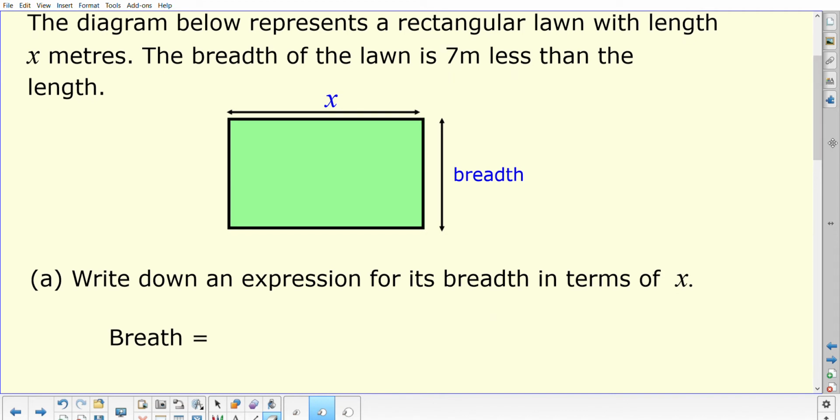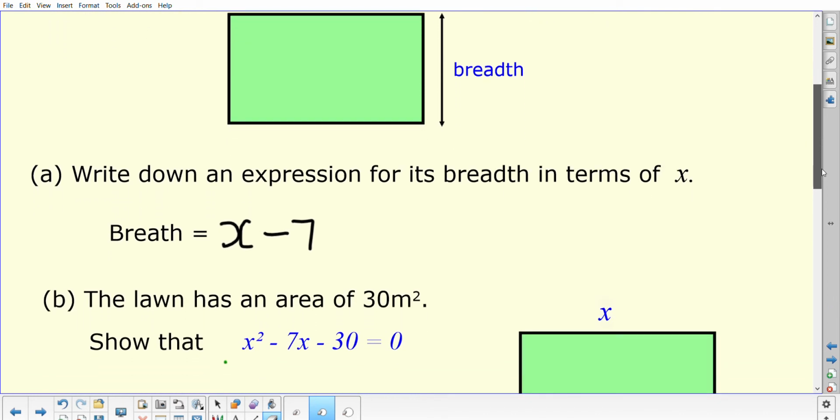If you have x along the length and you're told the breadth is 7 metres less than the length, how we write that in algebra is x minus 7. That's our expression that we need.